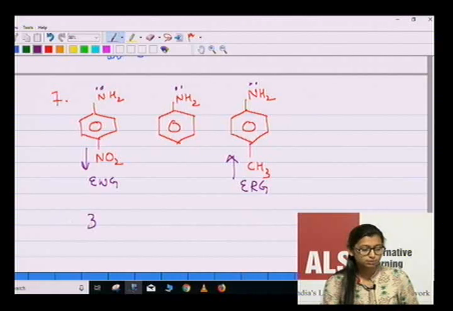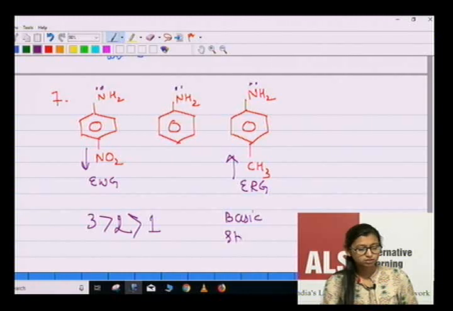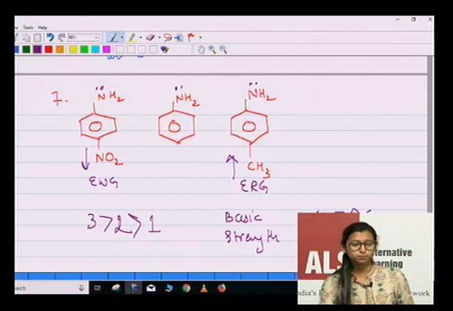So the answer will be 3, then second, then first, okay? And you can write this thing here, that basic strength is directly proportional to electron releasing group.